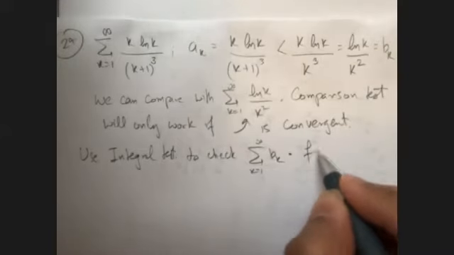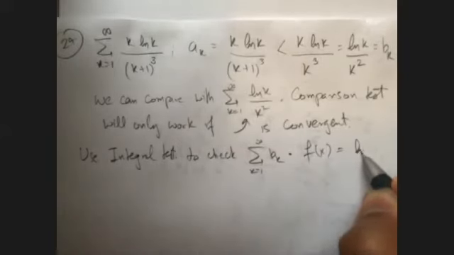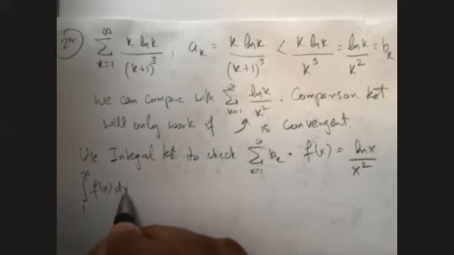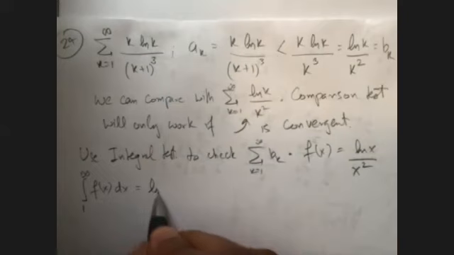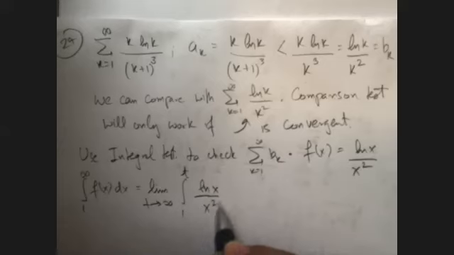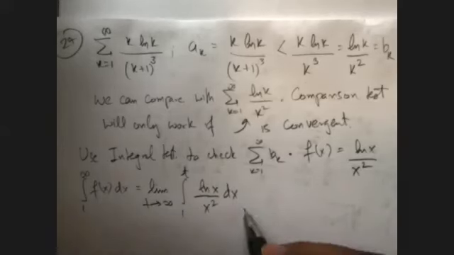So we let f of x be ln x over x square. Integration by parts.